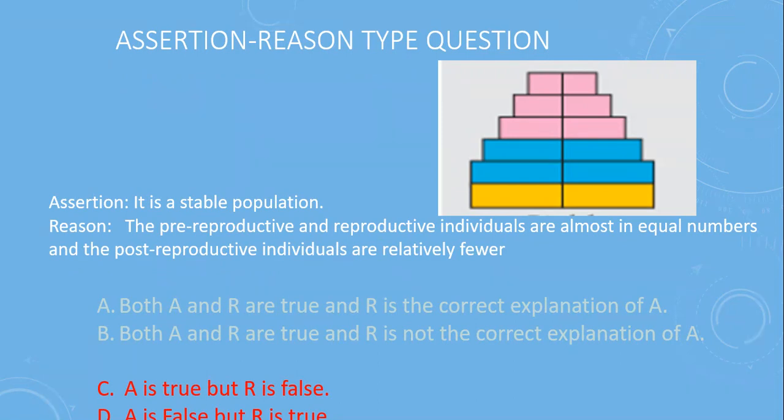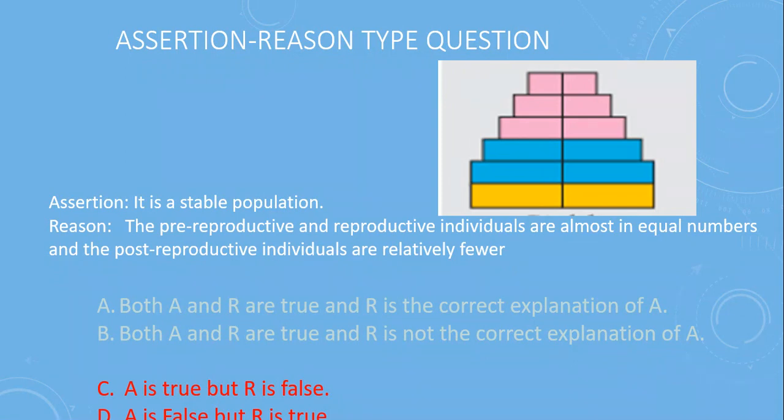The diagram that is shown here shows a stable population. The reason statement says the pre-reproductive and reproductive individuals are almost in equal numbers. So both the statements appear to be right. Now we need to say whether it is A or B, because you have decided both statements are right, then the option is either A or B.